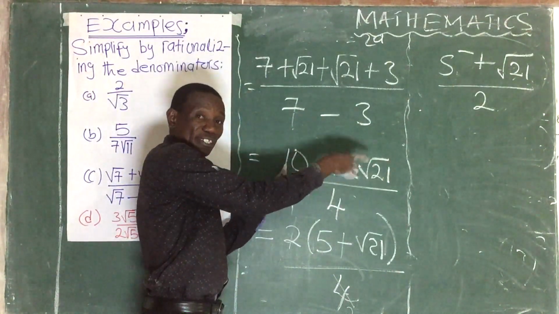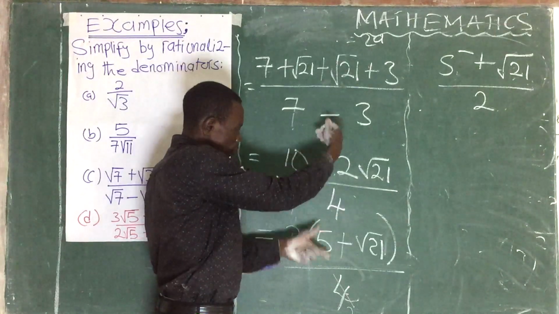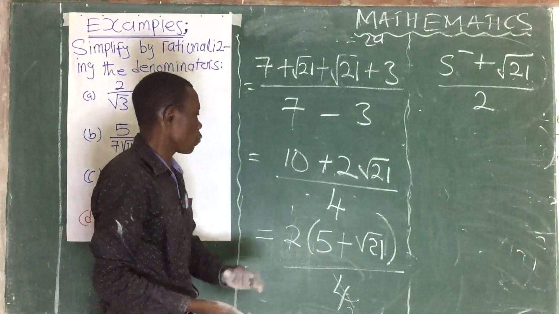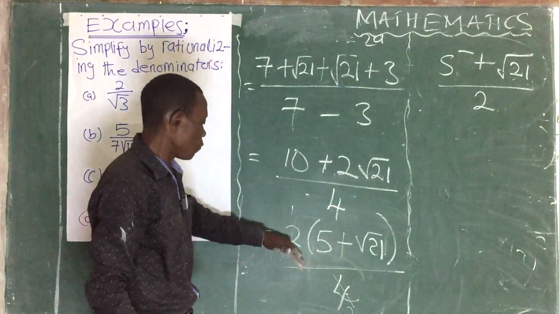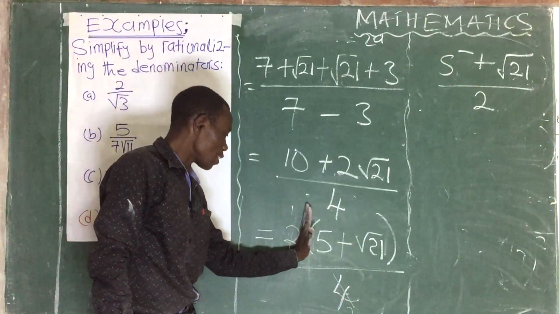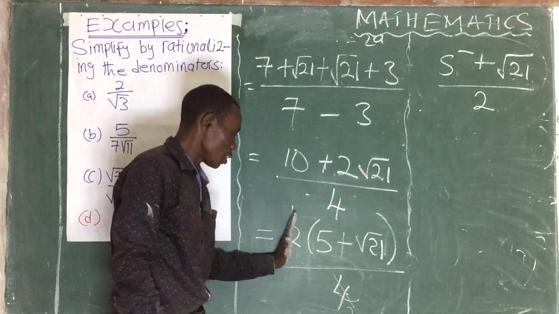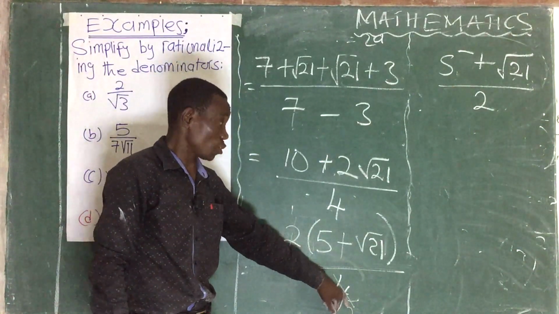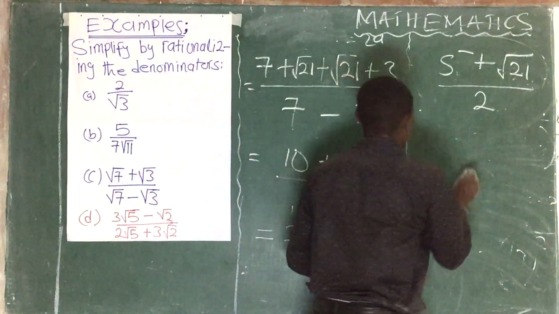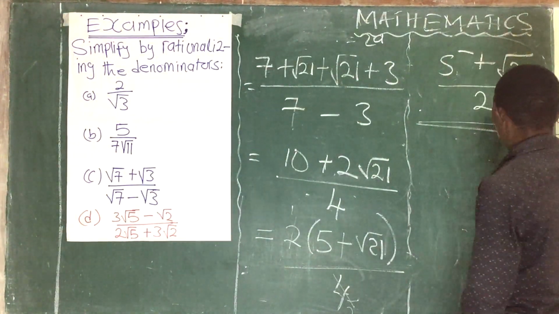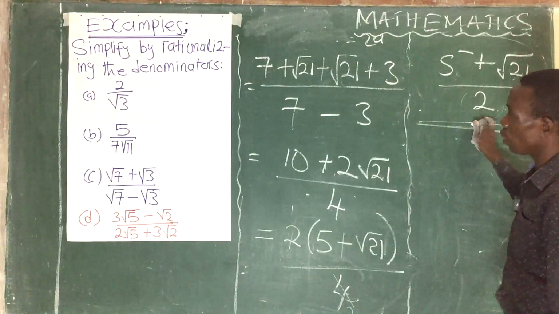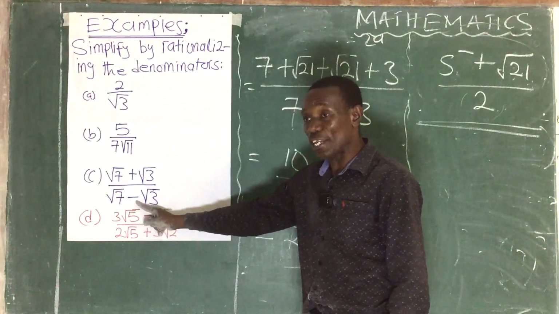You cannot violate it that way. So when you want to check for the common factor, try first of all to do the factorization and have it as we have done here. Then the number that is after the bracket here is free to factor with the number on the denominator side. So this is our answer, and we have got our rational number, the 2, on the denominator for this one here.